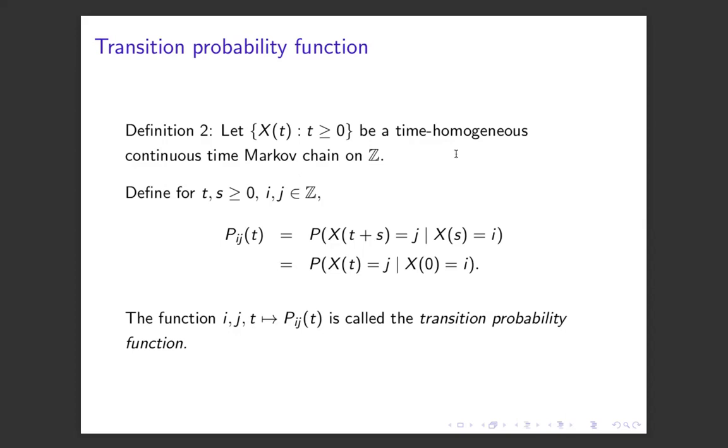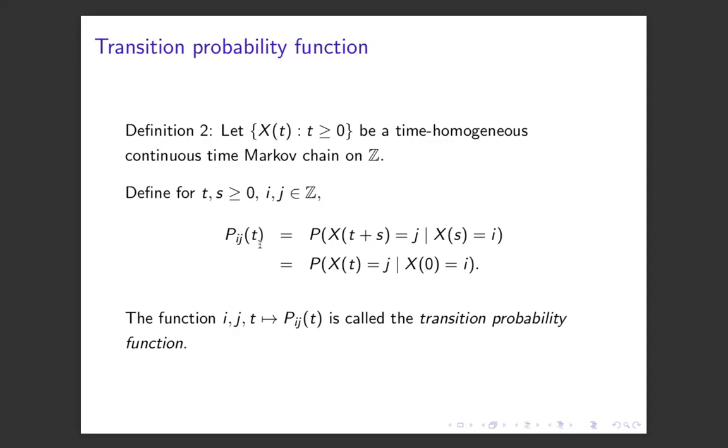Let X_t be a time homogeneous continuous time Markov chain with state space capital Z. So for every time point t and s and elements i, j in the state space, then p sub ij t. There are three variables. You will see the reason now.